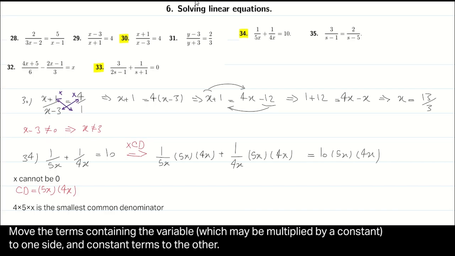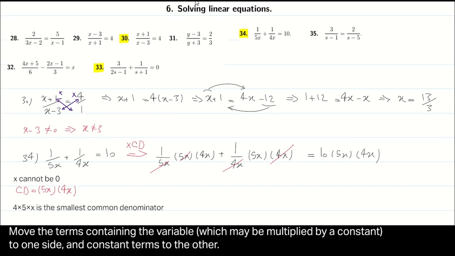Now I'm going to simplify the left-hand side and the right-hand side. So we have 5x on the top and on the bottom. This would cancel out each other. And now moving to the second expression, we have 4x on the bottom and on the top. And at the last, we have 5x and 4x as well on the right-hand side.